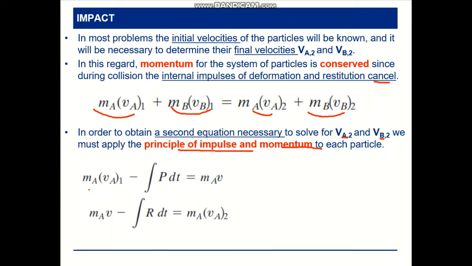Then we are going to say the first particle's initial momentum minus the impulse during this time period is equal to the final momentum of the first particle, and similarly we are going to do the same thing for the other particle.